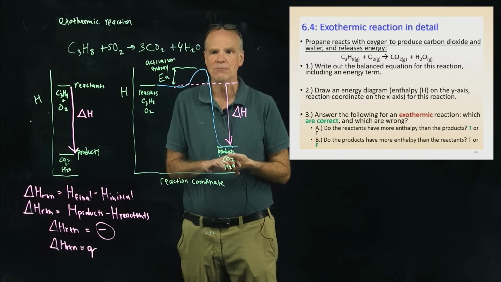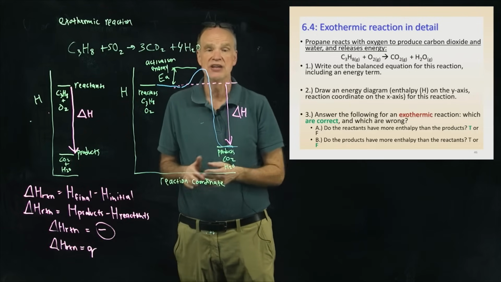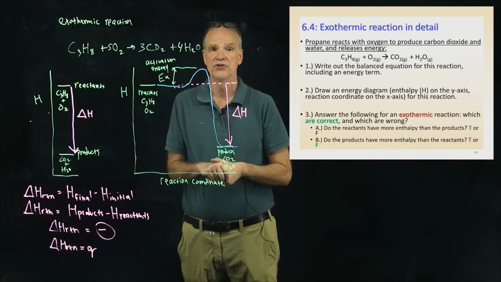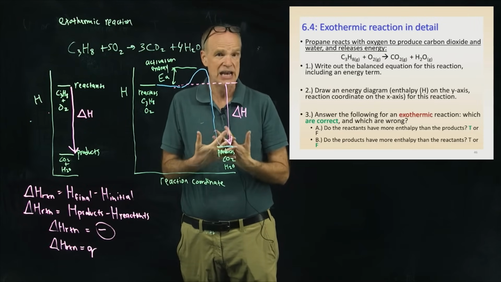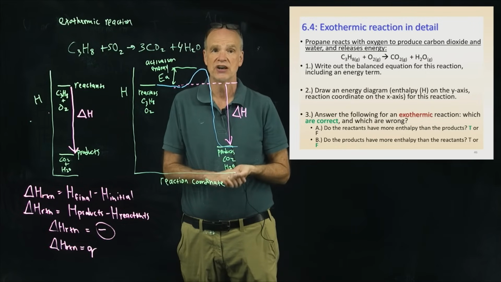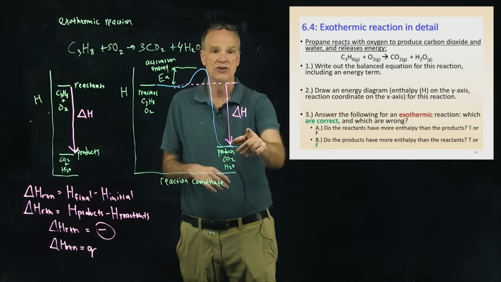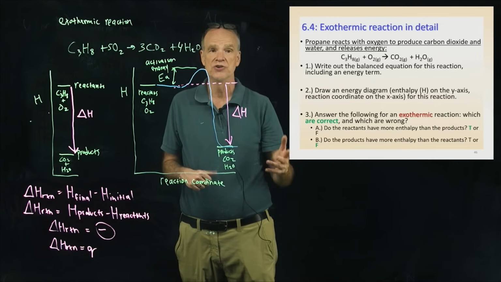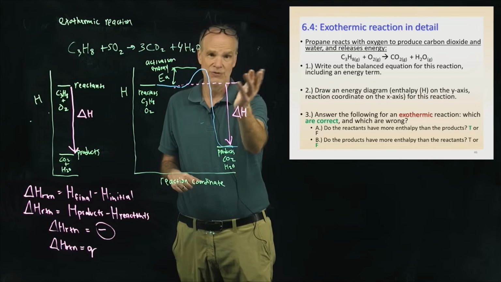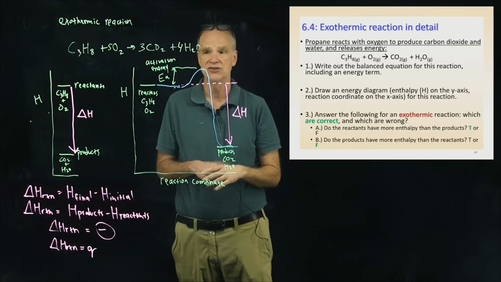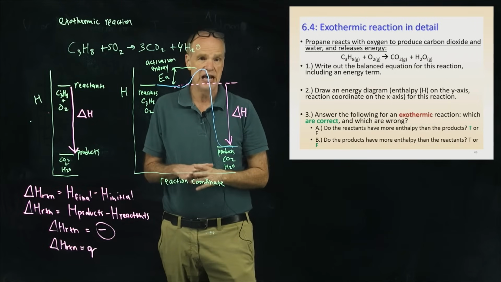And so the spark provides the extra activation energy to allow the bonds in the propane and the oxygen molecules to break. And then you get the atoms reforming to produce carbon dioxide and water. But once that is going, then the natural energy of the reaction that is produced will be far more than the activation energy needed to carry on the reaction. Okay, so this is an exothermic reaction.